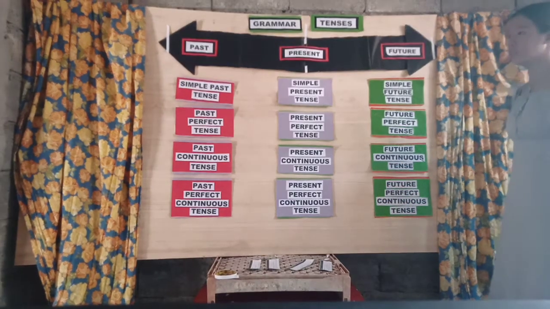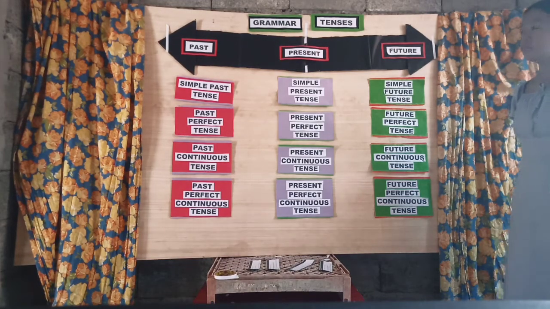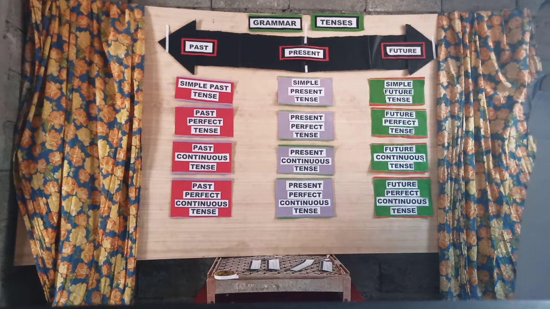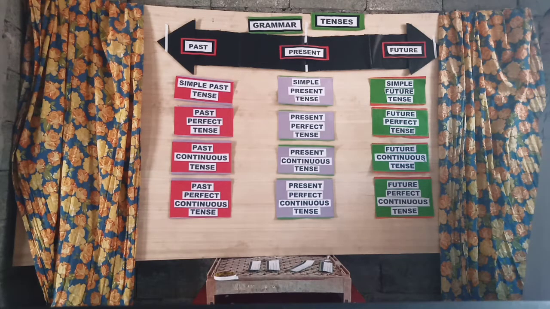In this demonstration, I discussed what tenses are, the three parts of the tenses, which are the past tense, present tense, and the future tense. I also discussed the meaning of past tense and the four subdivided parts of past tense, which are the simple past tense, past perfect tense, past continuous tense, and past perfect continuous tense, and also the rules and examples.